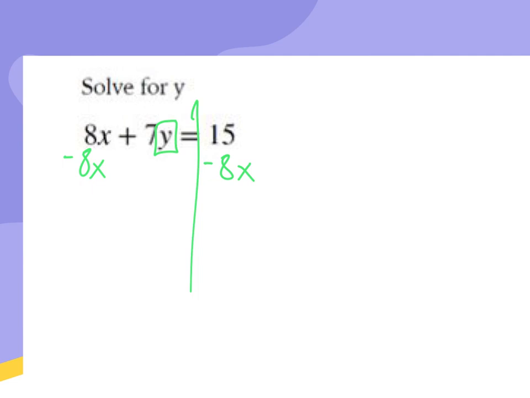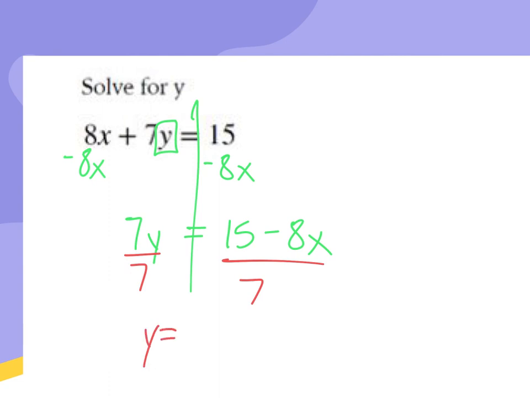So we got to move the x too. Okay? So now I have 7y equals 15 minus 8x. Is y by itself? No. What do I need to do to get it by itself? Divide by 7. Okay, the answer you get on that is y equals 15 minus 8x over 7.